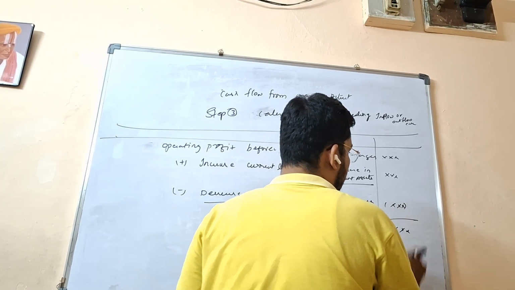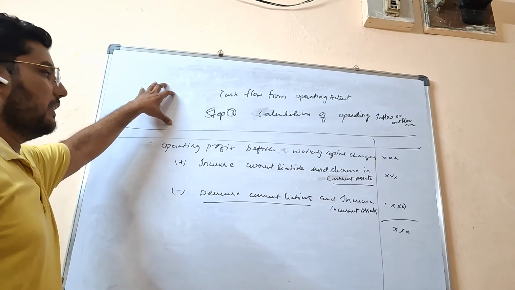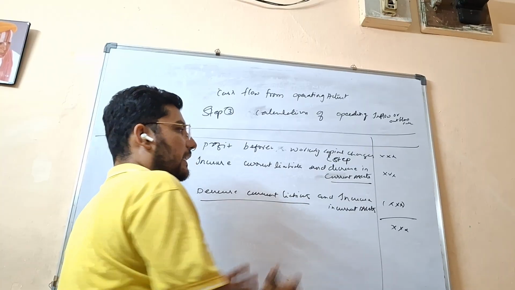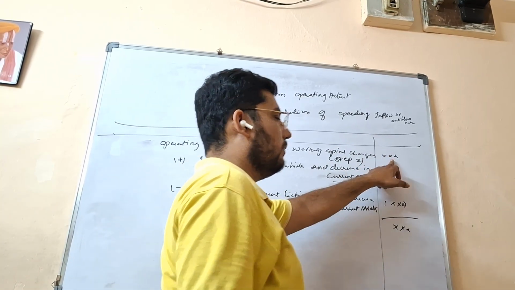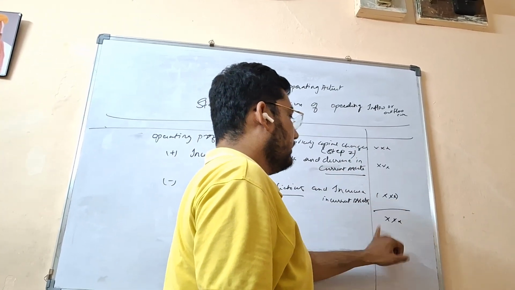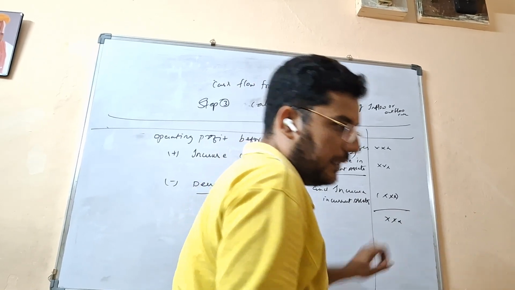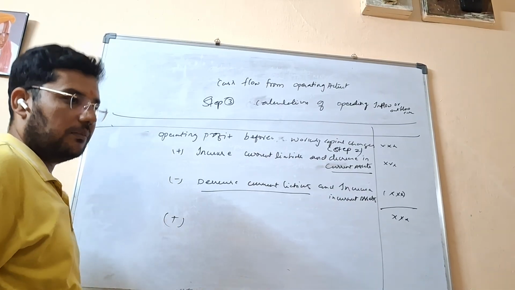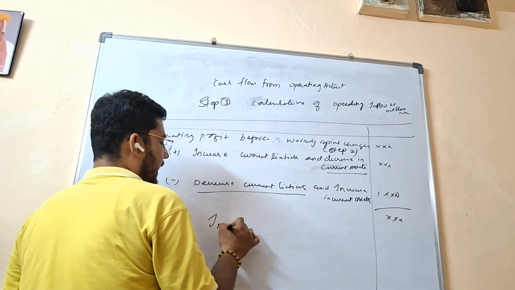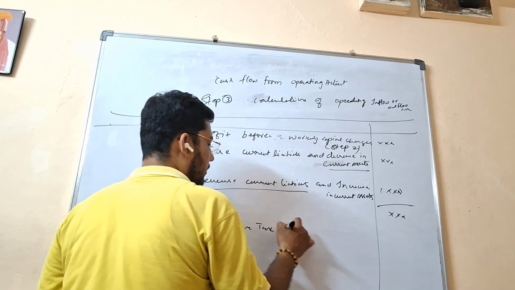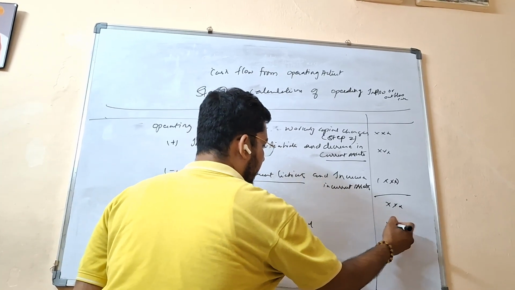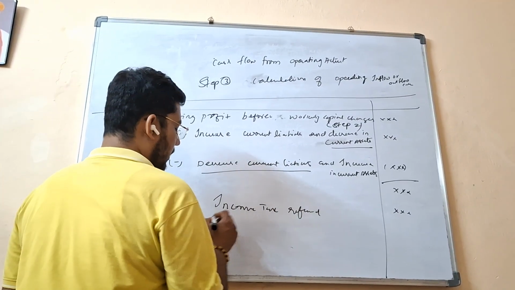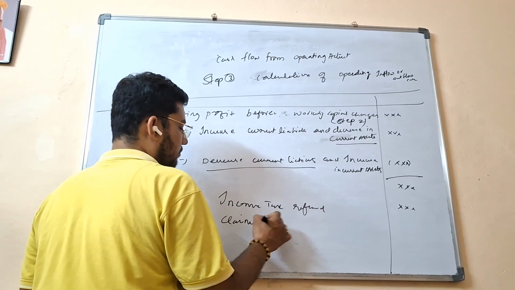Whatever balance we get is a continuation of step 2: step 1 is added with step 2, we got this value, and step 2 added and deducted with this value gives us step 3. Now, we add certain items like income tax refund, and claims from insurance companies.